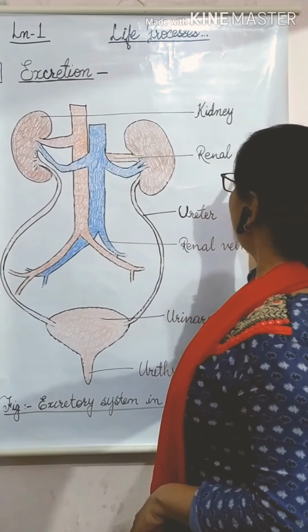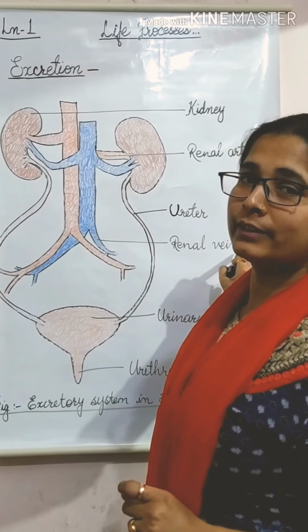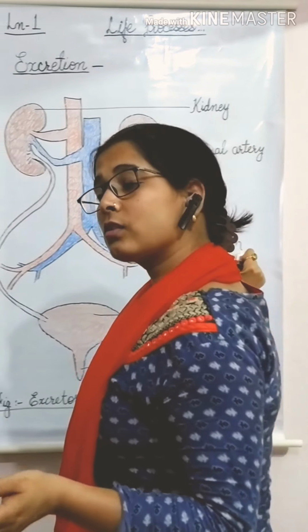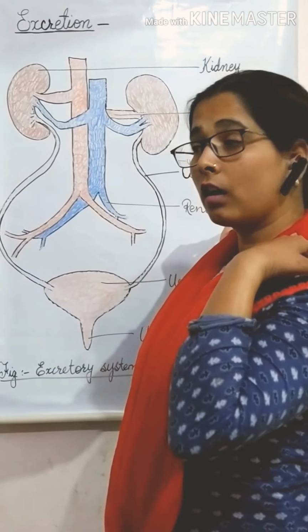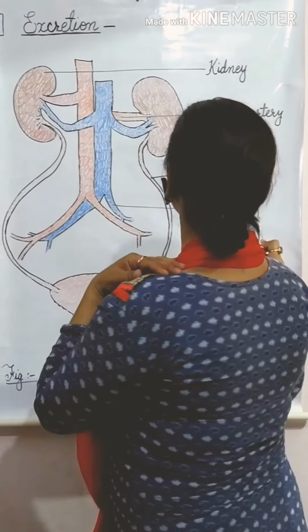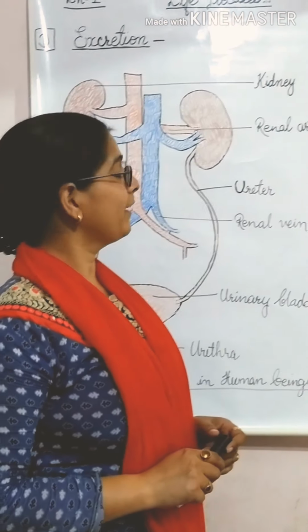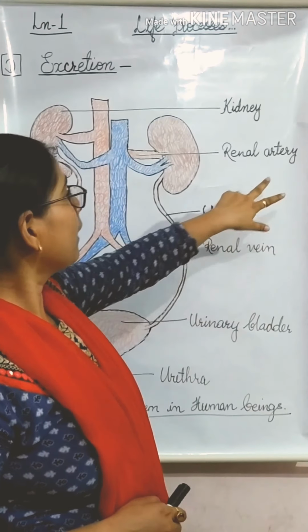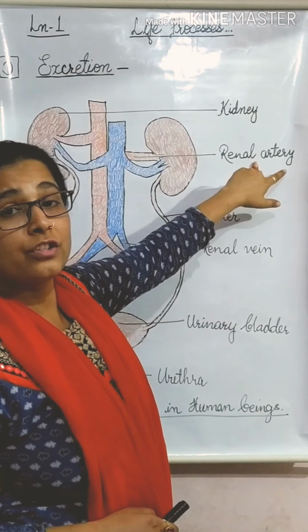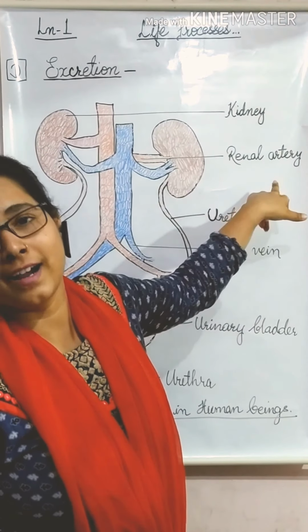Children, here are the renal artery and renal vein. Remember the concept I told you: arteries do not always carry pure blood, and the renal vein does not always carry impure blood, right? Here you can see that the nitrogenous rich blood comes into the kidney through the artery.